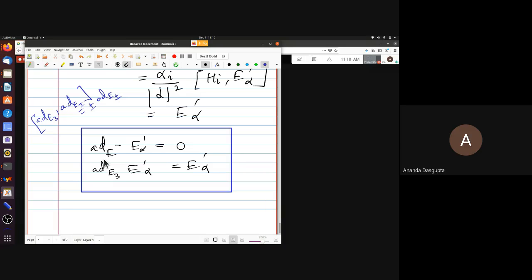Can you see any contradiction here? It should have gone to -1 when acted on by E minus.